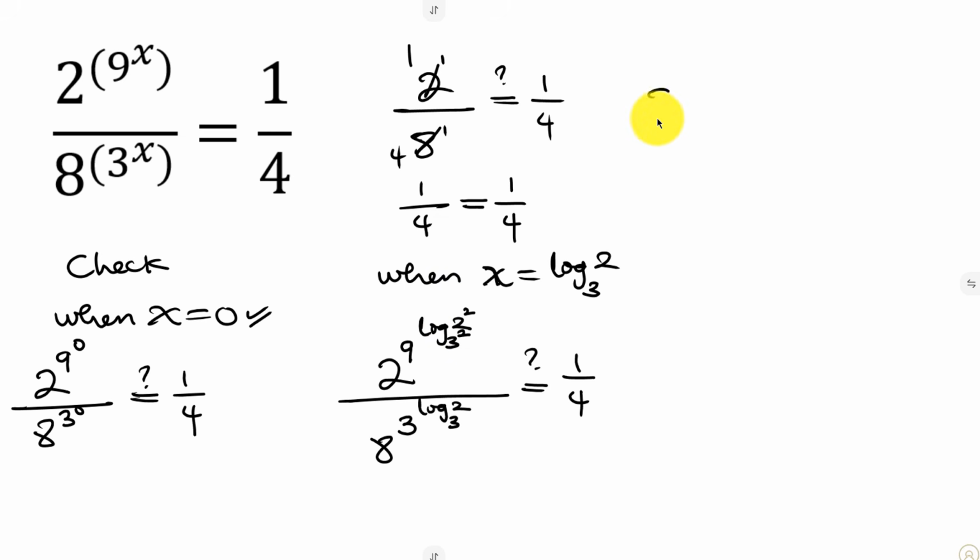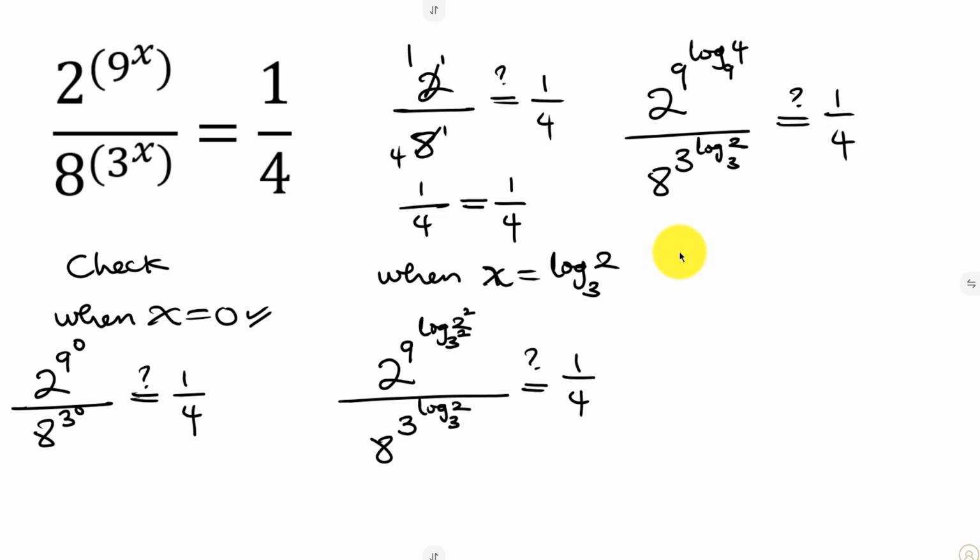So this results into 2 to the power of 9 to the power of log. 2 squared is 4 and 3 squared is 9. Good. All over. Now the denominator, we have 8 to the power of 3 to the power of log 2 base 3. So we're checking if we have 1 all over 4 as the result.